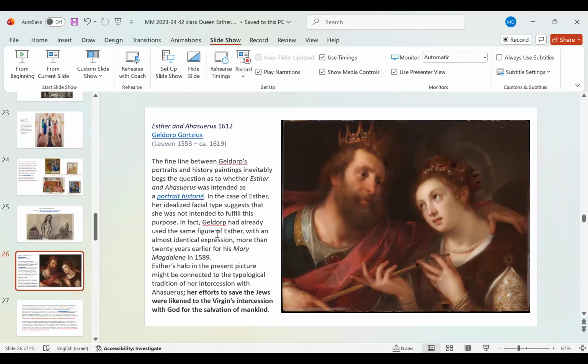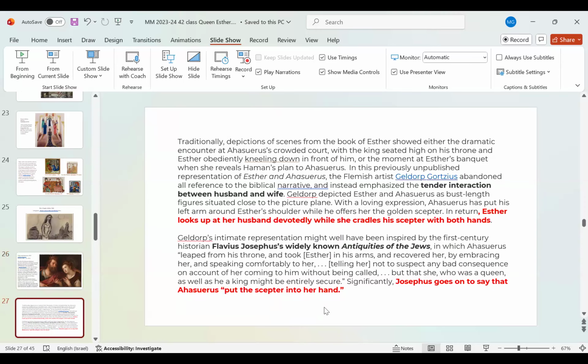And the artist here apparently used the same figure of Esther with an almost identical expression more than 20 years earlier for his Mary Magdalena. Okay, interesting. Anyway, this is a description of a tender interaction between husband and wife. Esther looks up at her husband devotedly while she cradles his scepter with both hands.